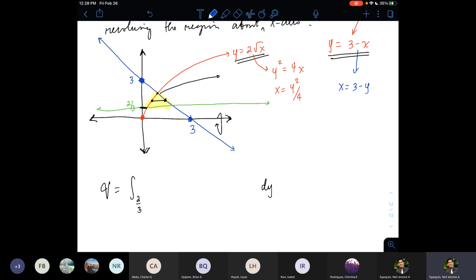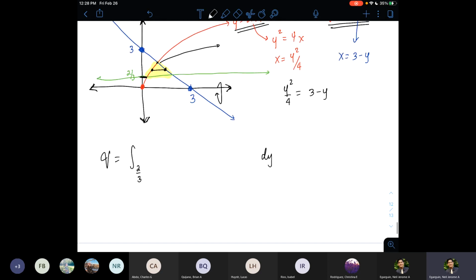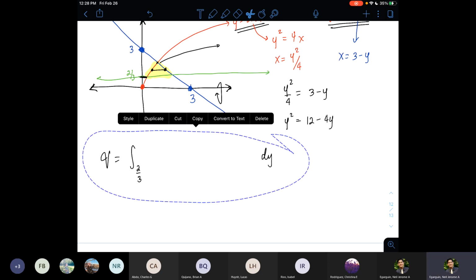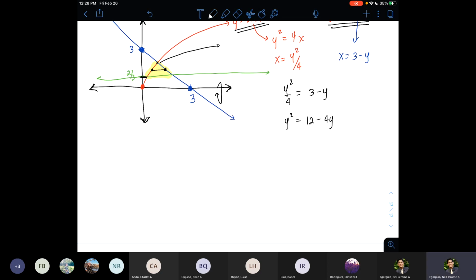Okay, so now to find the point of intersection, I just need to equate these two together. So I need to solve the equation y squared over 4 equals 3 minus y. I'll get rid of the denominator first, so I'll multiply both sides by 4. So I get 12 minus 4y. Then we'll have y squared plus 4y minus 12 equals 0.